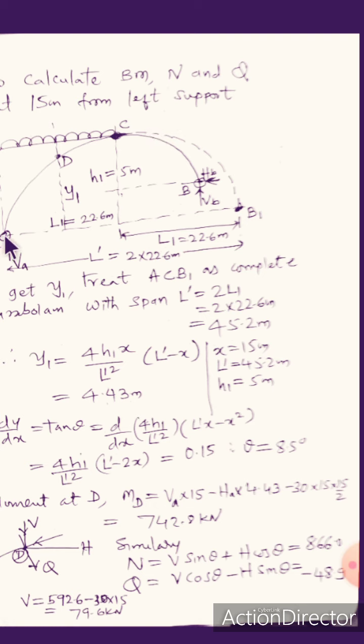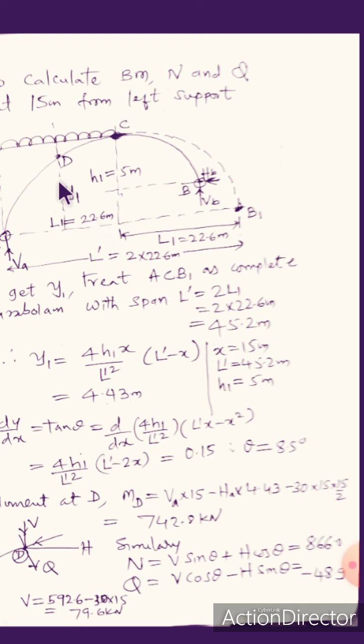So what I have done is, you can see this AC, which is 22.6. This is L1. I'll extend this curve till this point, so that this is also L1 and this is also L1 only, which is 22.6. It means AB1 is 22.6 plus 22.6.